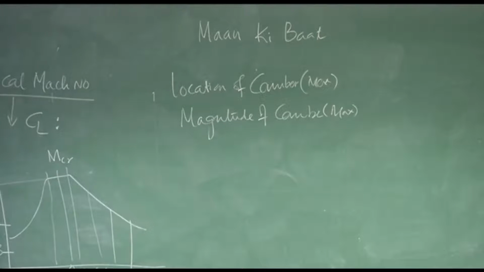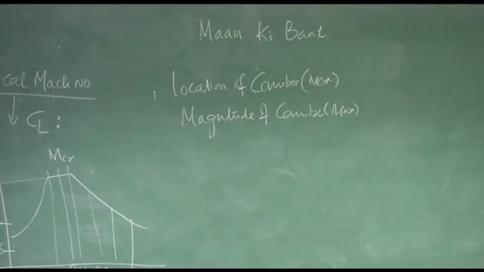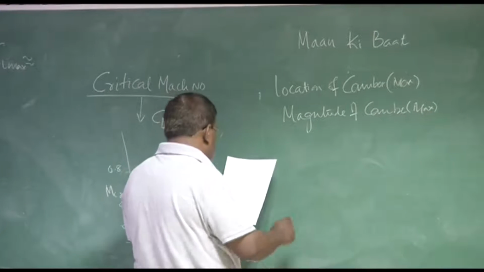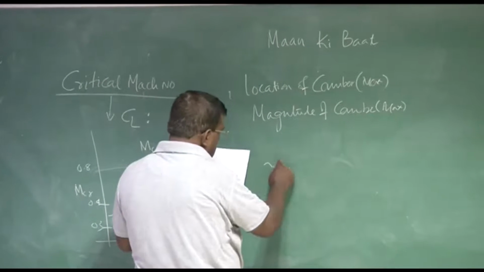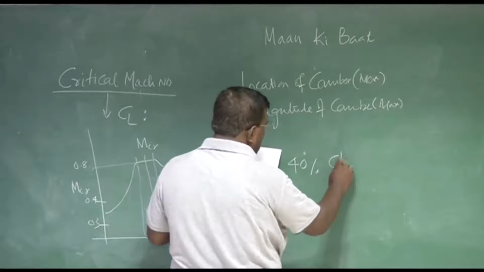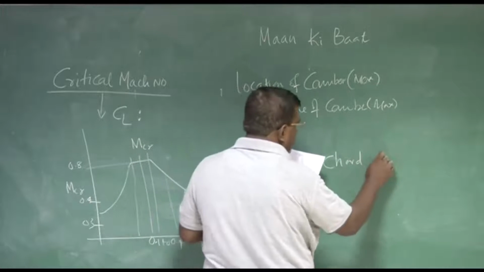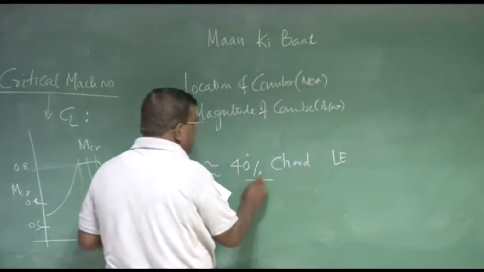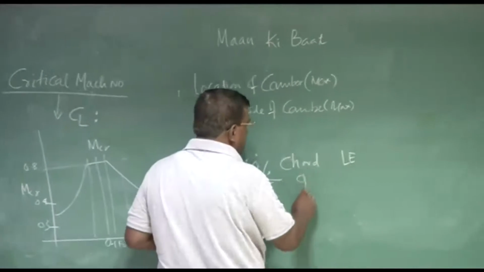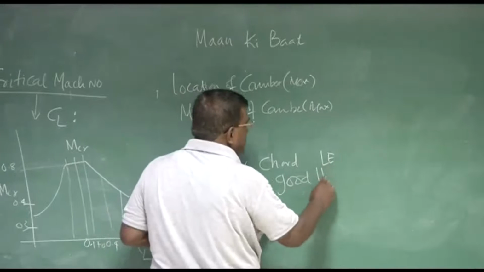The purpose was to get CL max higher, right? As far as location of maximum camber is concerned, the understanding is if it is located at 40% of the chord measured from the leading edge, the typical number, then the general feeling is that it gives good handling qualities.